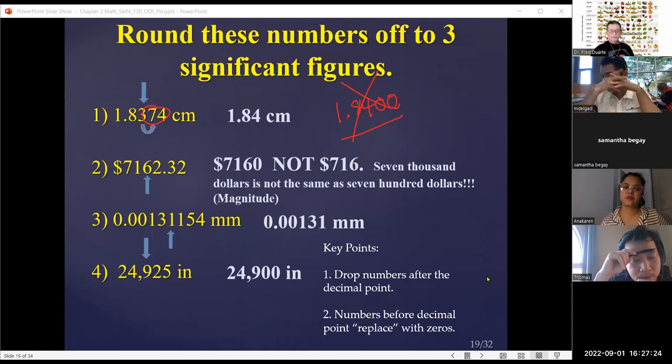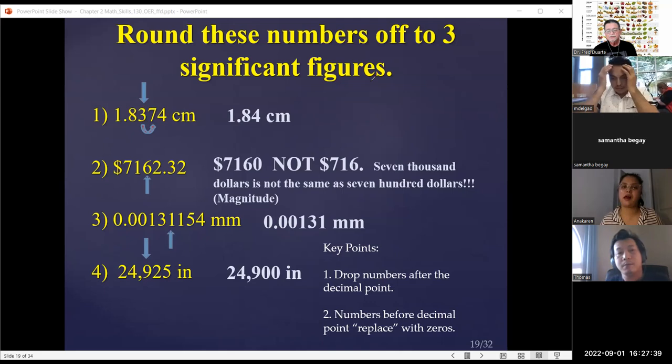And the key point is this: first of all, drop the numbers after the decimal point. Unless, for example, you might say, well, wait a minute, I'm a little bit confused here. Okay, let's go back for a second. Because the question says 3 sig fig position, but what if it was the 5 sig fig position?